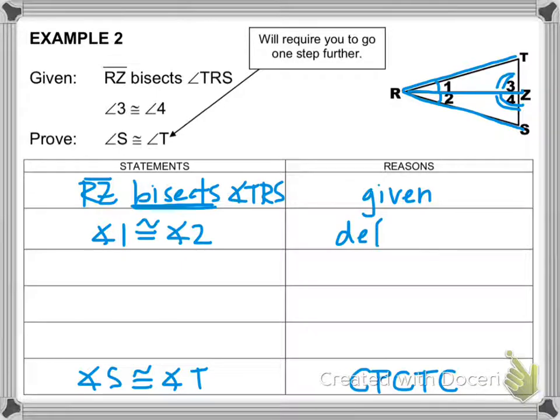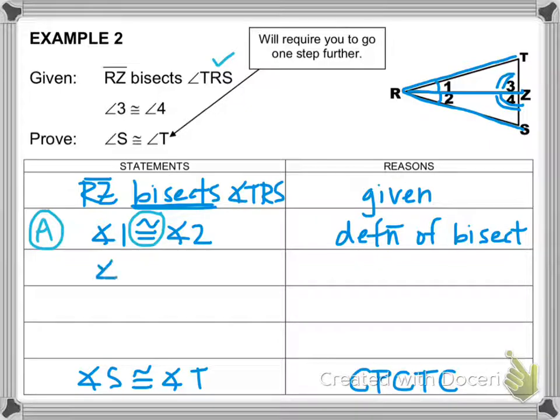So we can say for the reason, definition of bisect. Okay, then because this is a congruent statement and it's for angles, I'm going to put an A off to the side. We are done with that given.